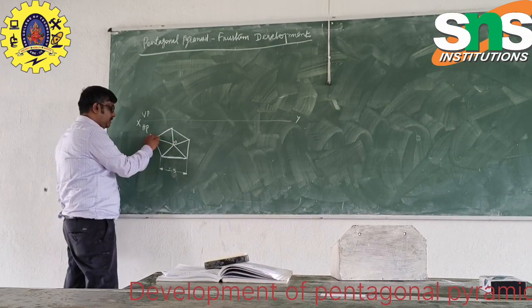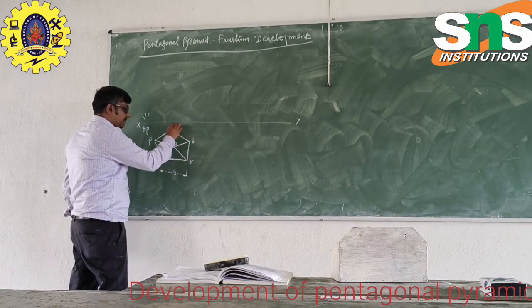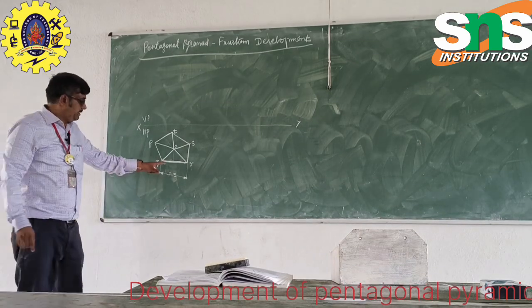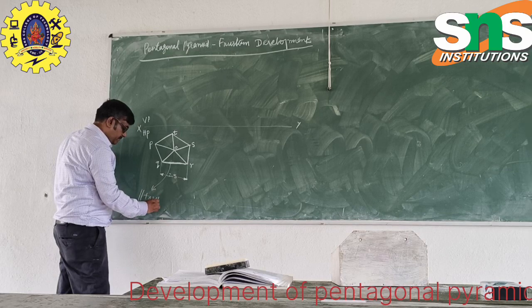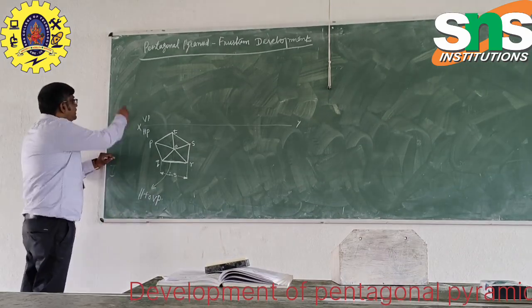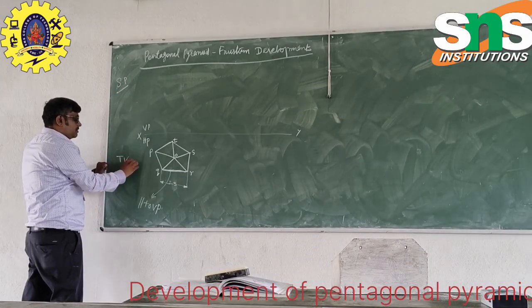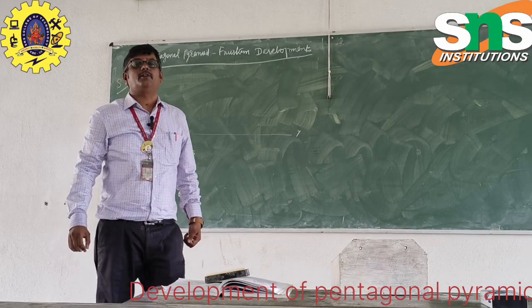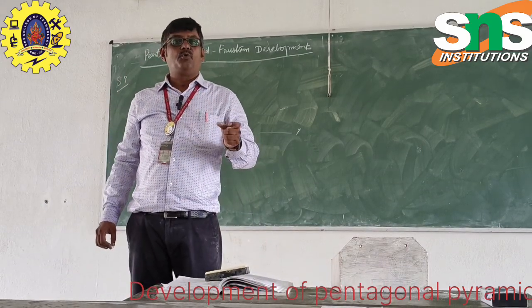These points are P, Q, R, S, T. So this means it is parallel to VP. I have drawn the simple position of the top view first. The reason behind drawing the top view first is to have a clear, true view of the top view.